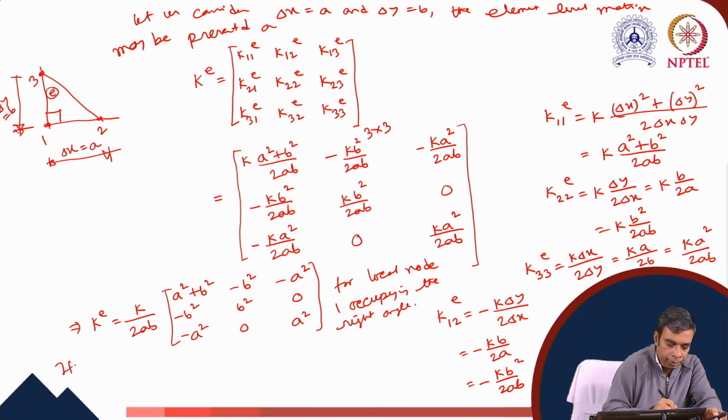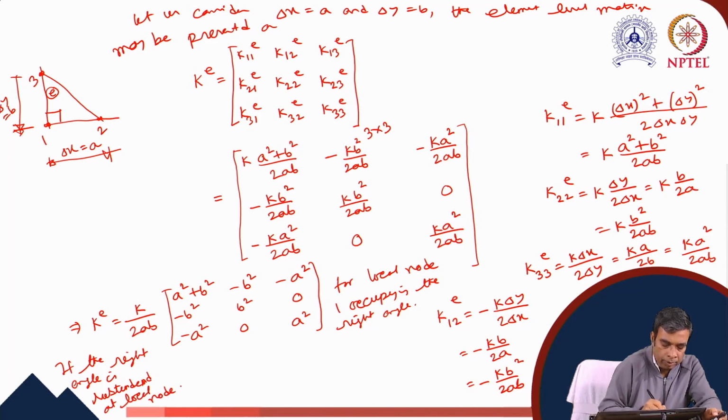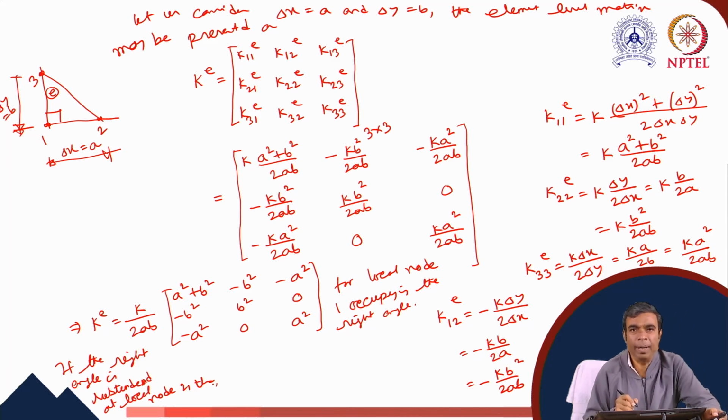If the right angle is subtended at local node 2, then the appearance of this matrix will change.